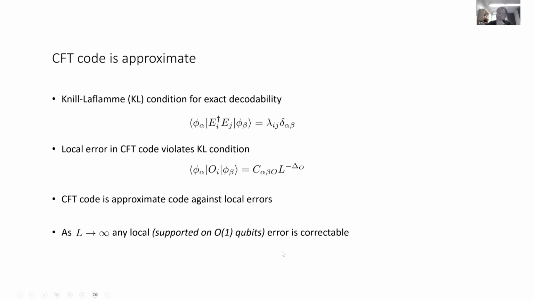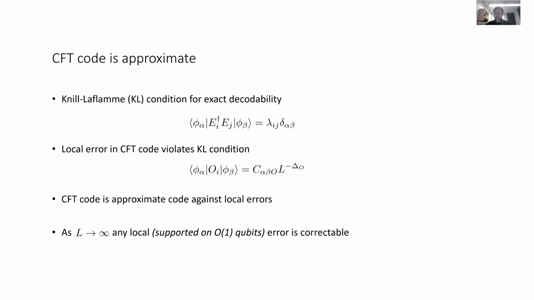That is already a very distinct feature from the repetition code. Remember that for the repetition code, a single phase flip error destroys the code immediately, right? But for the CFT code, a single bit flip error or phase flip error, or any single error, cannot really destroy the code as long as you first take the thermodynamic limit.